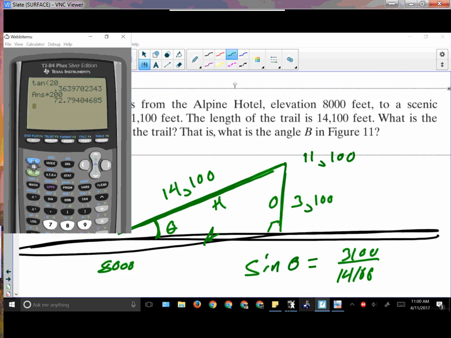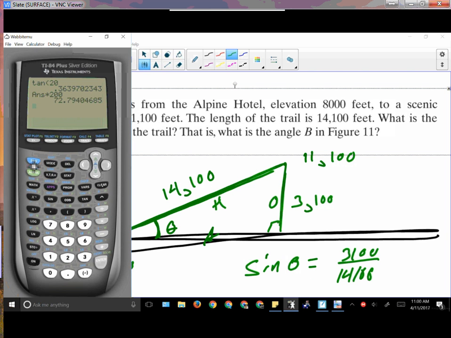So that means for the calculator, we would end up having to use that inverse sine that we were talking about earlier. So we would go second, inverse sine of 3100 divided by 14100. Close it. So we're looking at 12.7 degrees.